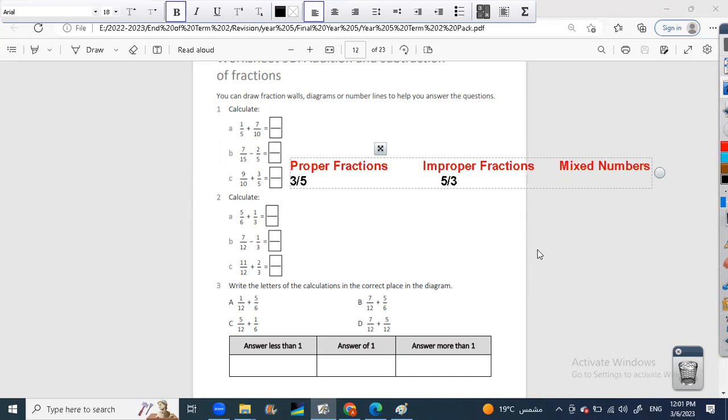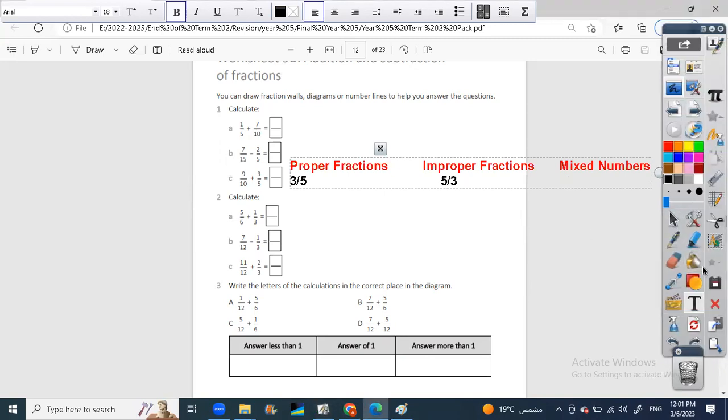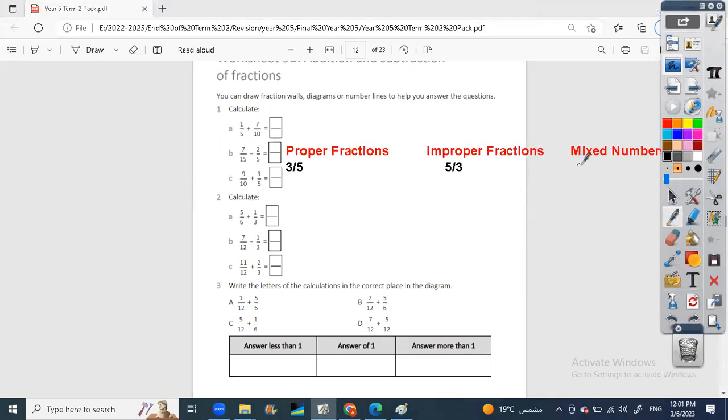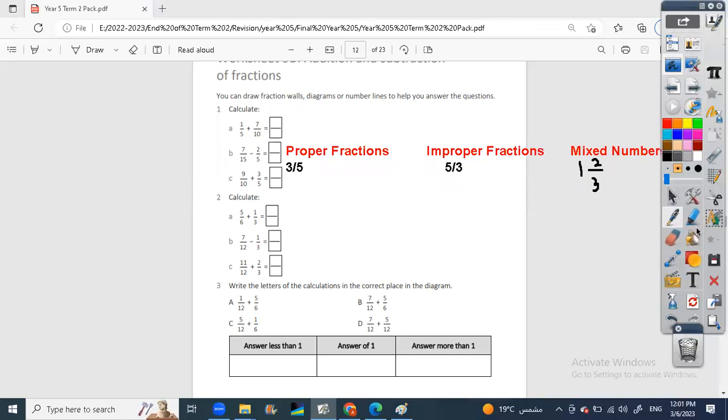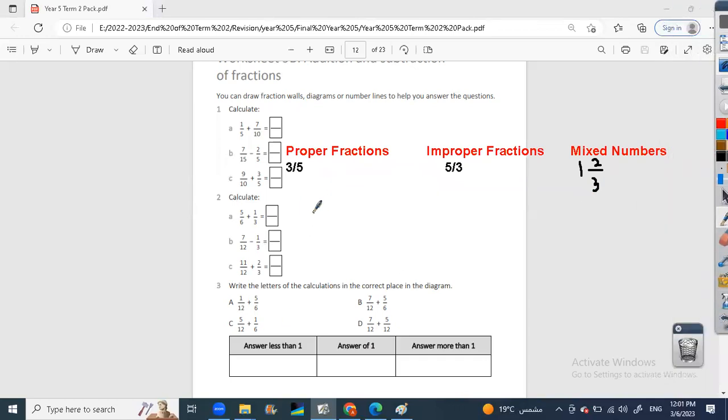And the mixed number is when I write it this way, like for example, 1 and 2 over 3. That is the mixed number. Okay, so there is a rule that you must know. Any proper fraction is actually less than 1.